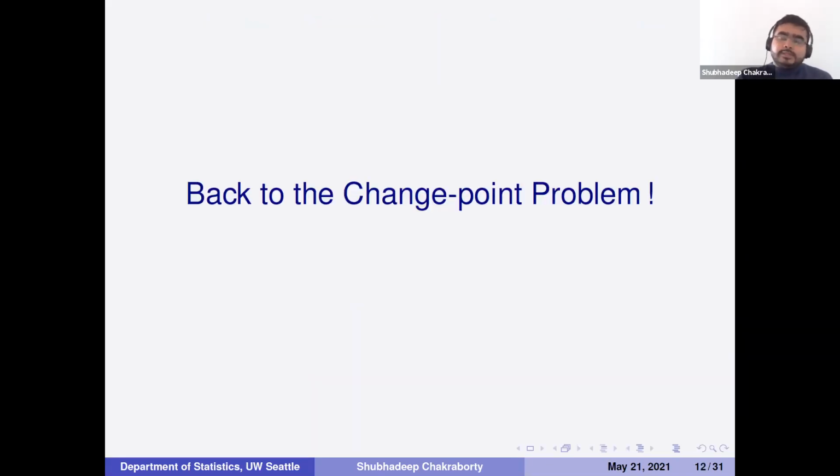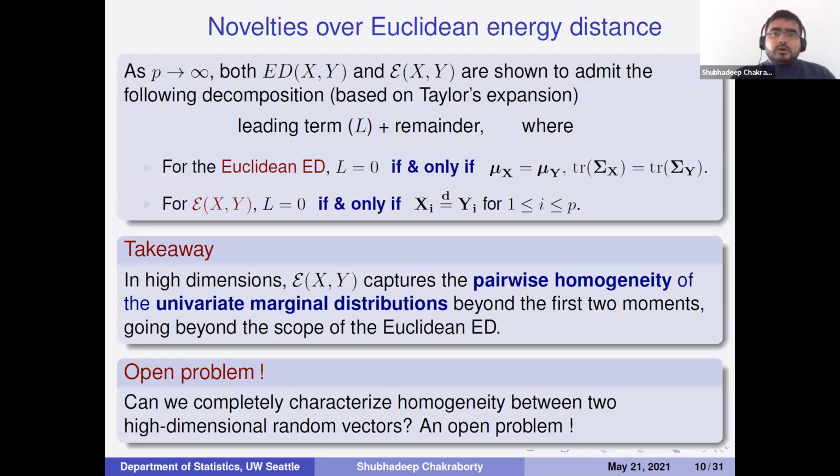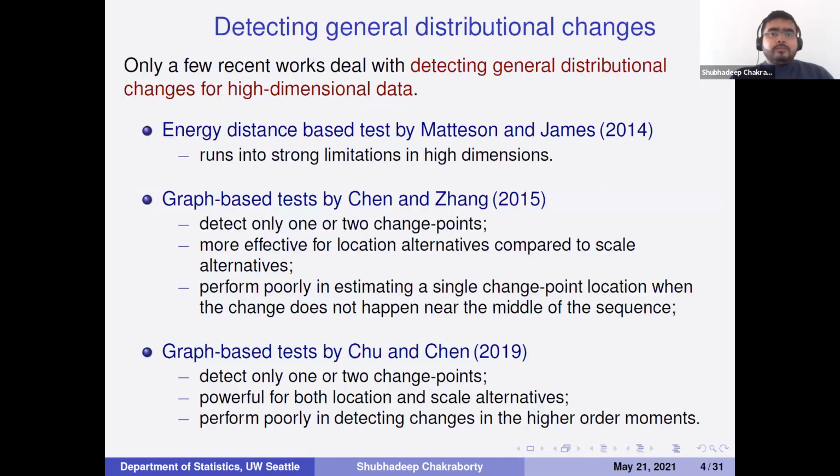So now with the background we have discussed on energy distance, let us get back to the change point problem. Where I started from, if we still remember the discussion, I said that Matteson and James in a 2014 JASA paper proposed an energy distance based change point detection methodology. But as I mentioned at that point, it should run into strong limitations in high dimensions.